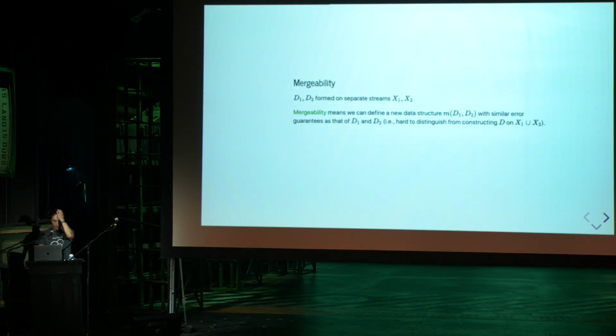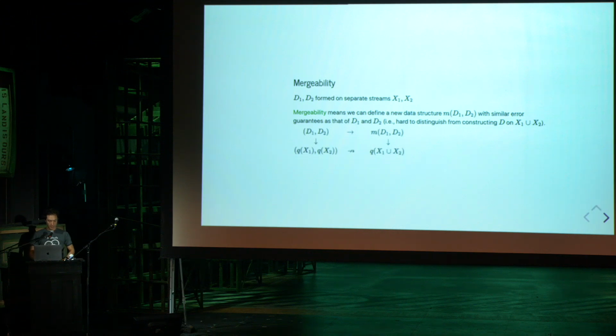Okay, so another aspect that we like to have is that the data structure is mergeable, and that means that if we make one of these, D1, on a stream X1 and D2 on a stream X2, then we can define a new data structure, the merge of D1 and D2, which has similar error guarantees to those of D1 and D2. It doesn't have to be the same as making the data structure on the union, but in terms of the error guarantees, it should be very hard to distinguish those two.